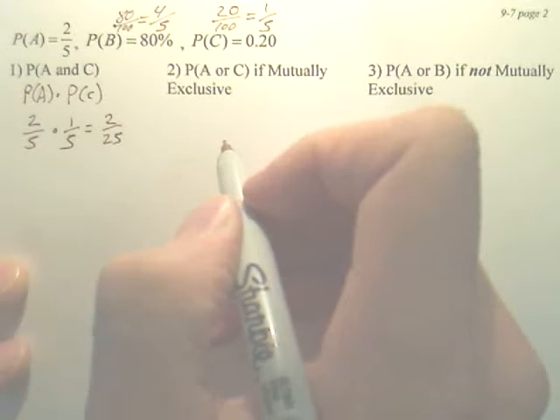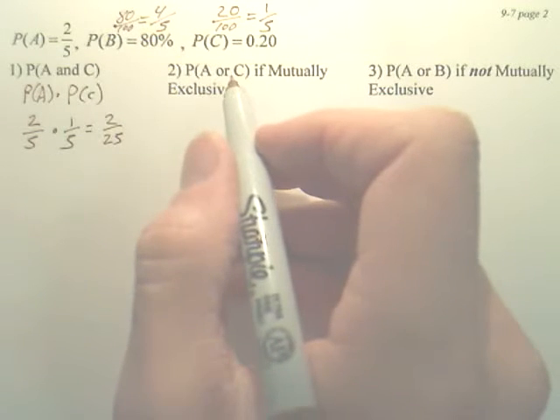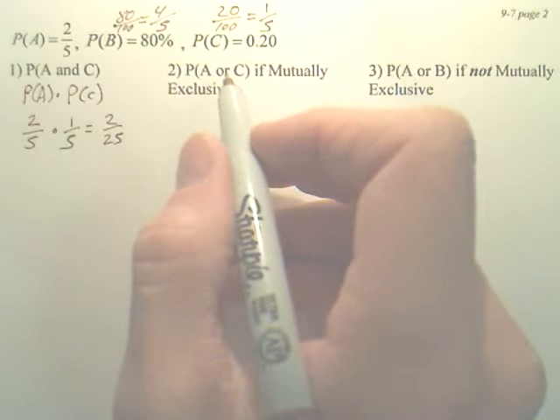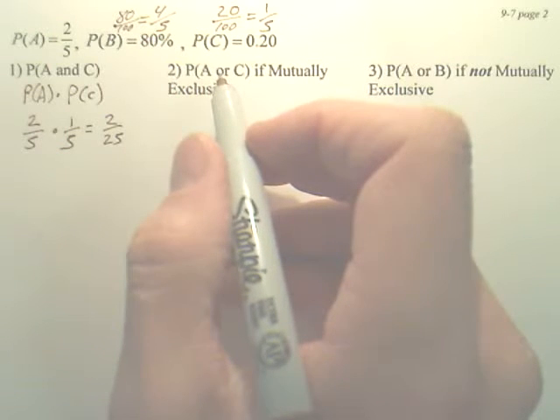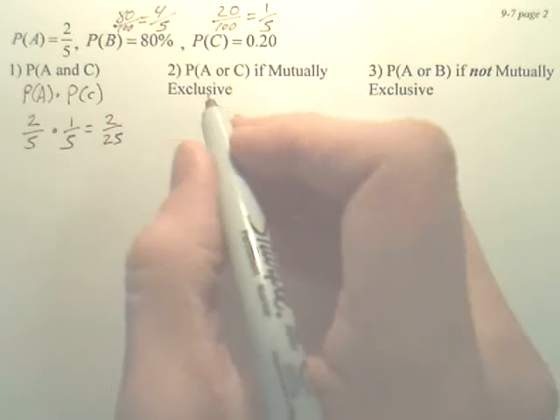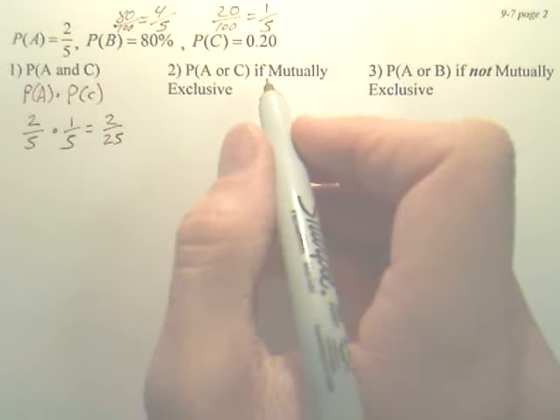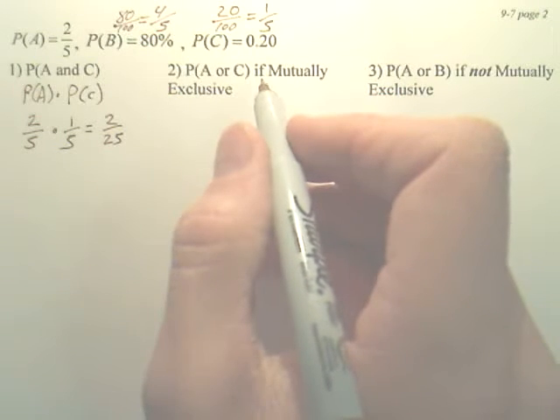Number 2, we're probability of A or C, meaning one event has the characteristics of A or C. Or means what? Plus. And what does mutually exclusive mean? Do the two characteristics overlap?